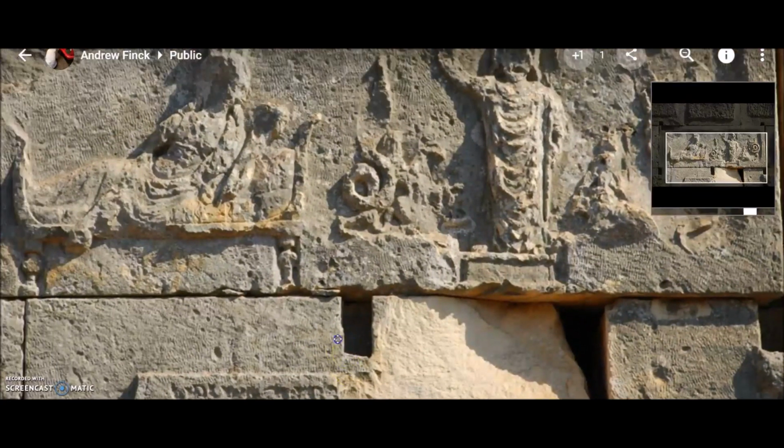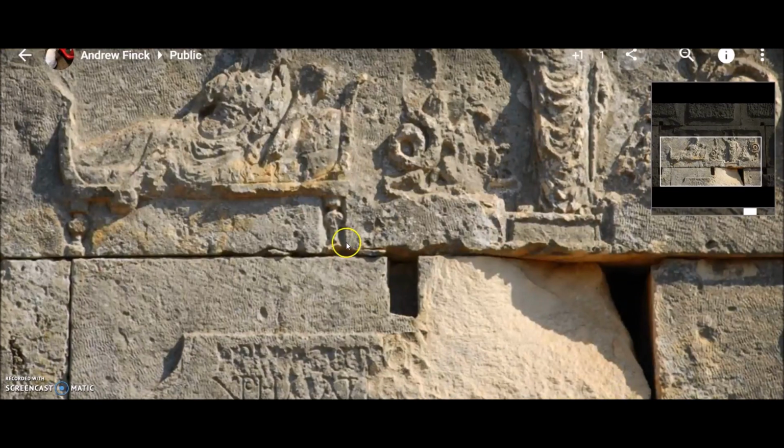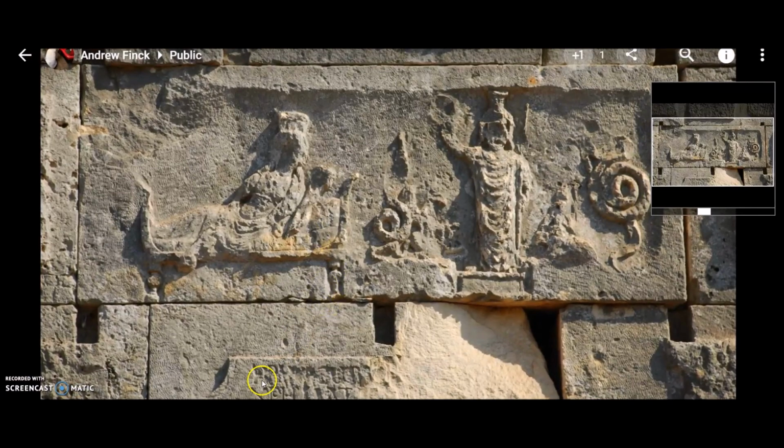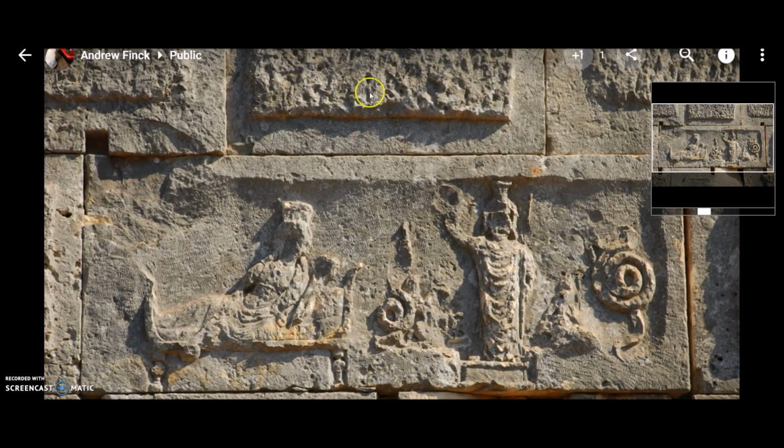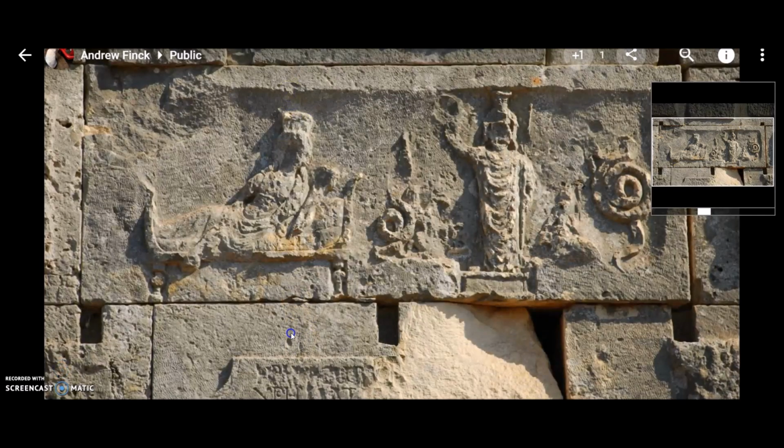So I find that interesting. I think that the bevel below might have been recarved artistically, perhaps, since the other bevels are rough, and that might have been in preparation for carving an inscription.